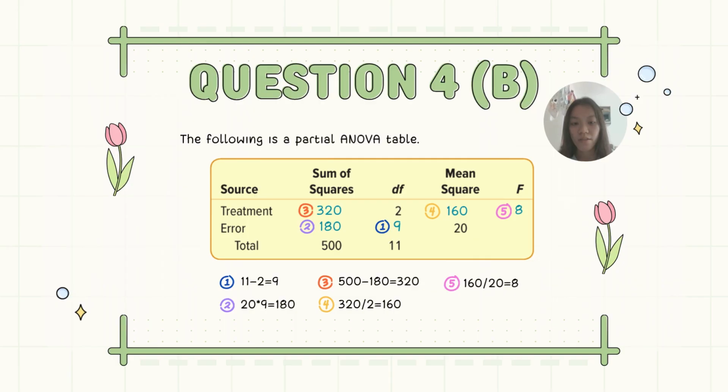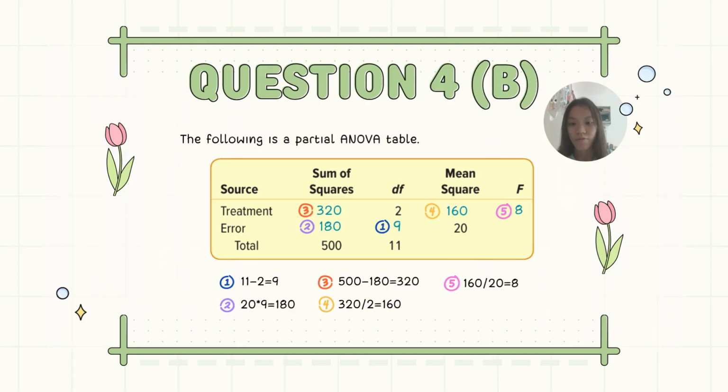We already have the degrees of freedom for the error, and we have the mean square. The sum of squares divided by the degrees of freedom is equal to the mean square. So we can find the sum of squares for the error by multiplying 20 and 9. So 20 times 9 is equal to 180, so the sum of squares for error is equal to 180.